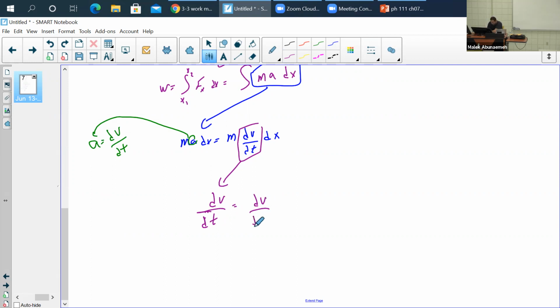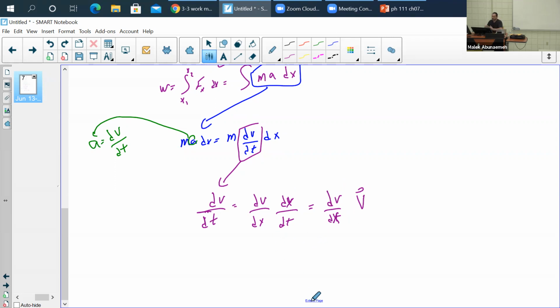It's your dv over dx and dx over your dt, which again, your distance over your time, that's actual velocity. So this is going to be your dv over dx multiplied by your velocity vector, v.